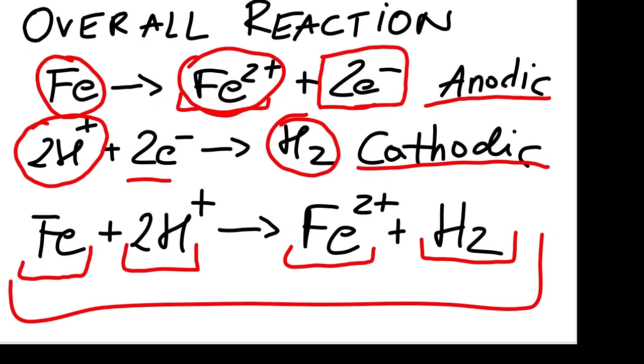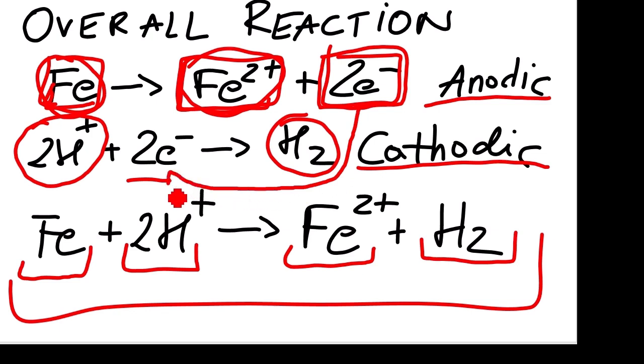These 2 electrons are given by the metallic iron, and then the cation is created, and these 2 electrons are consumed by the 2 cations of hydrogen, and there is a creation of the particle of hydrogen.